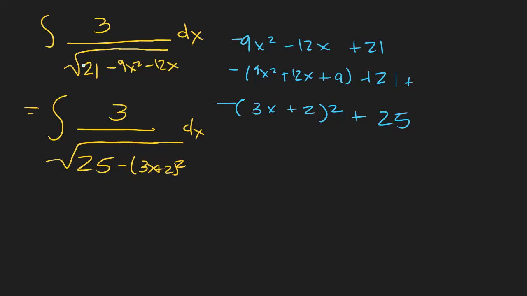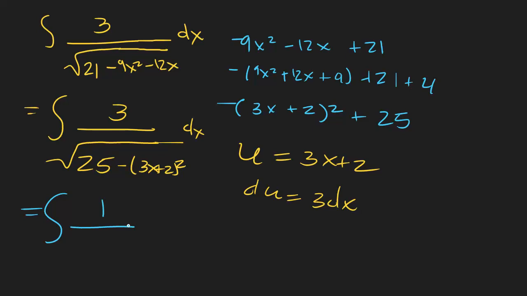So once you get up to this point, you say that u is equal to 3x plus 2. Then du is 3 dx, which, what does that mean for your integral? That means you end up with 1 over the square root of 25 minus u squared du. Now, once you get to this point, you're going to have to use inverse sine.